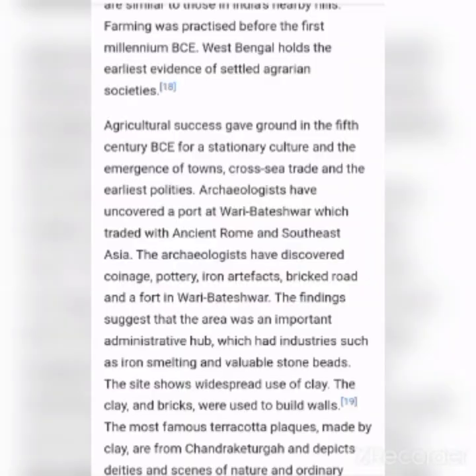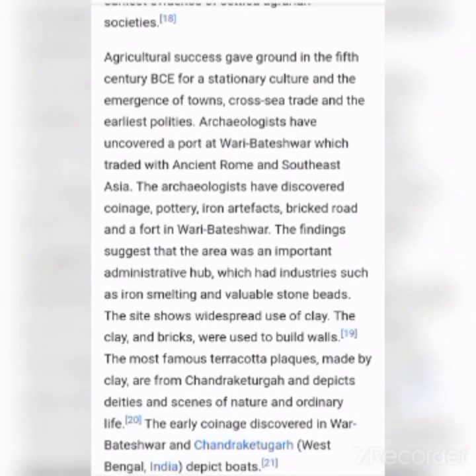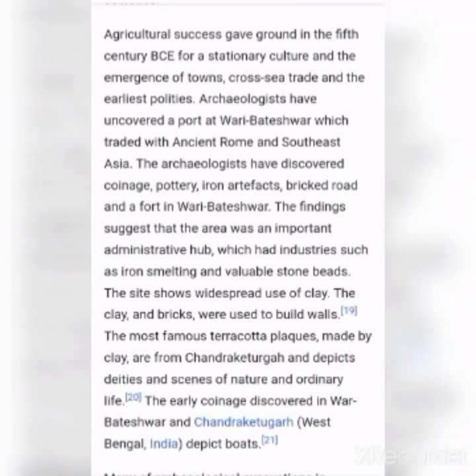Archaeologists have uncovered a port at Wari Bateshwar, which traded with ancient Rome and Southeast Asia. The archaeologists have discovered coinage, pottery, iron artifacts, a brick road, and a fort in Wari Bateshwar.